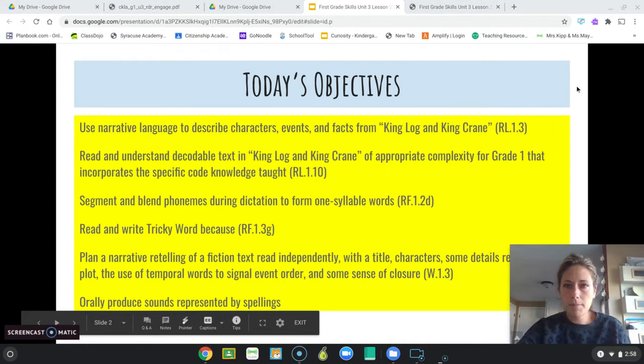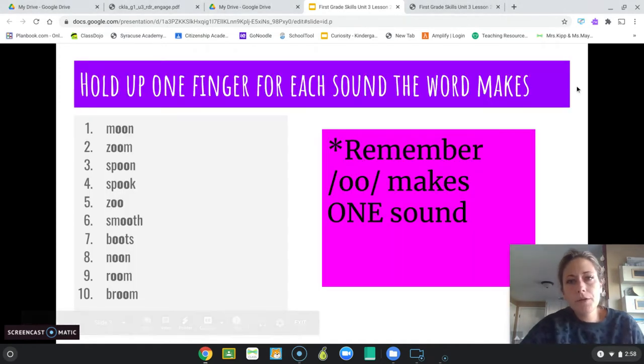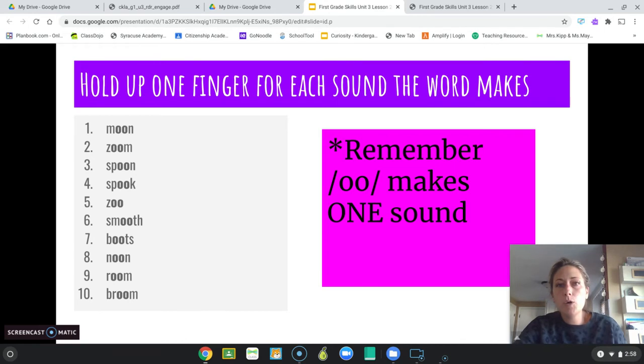Okay, so remember in lesson 1, we learned about a new sound, the OO sound, that is spelled O-O, but makes one sound, OO. So I am going to go through some words with the OO sound, and we're going to count how many total sounds each word has.